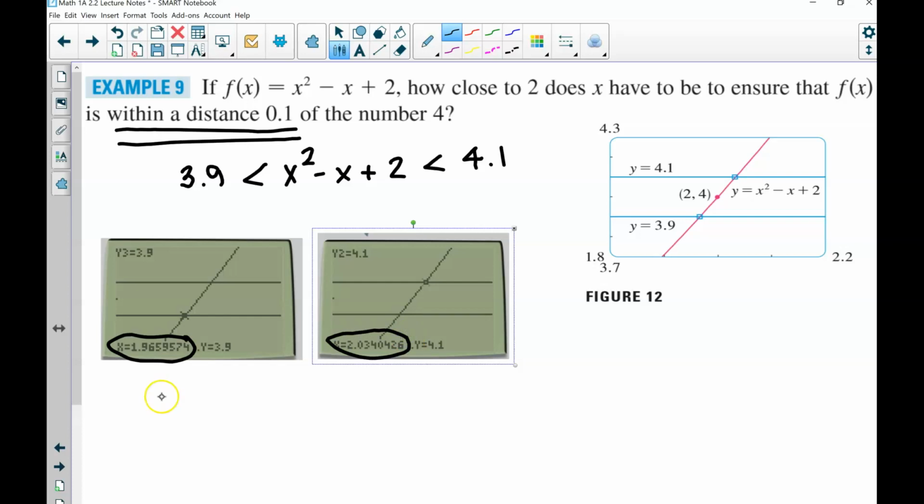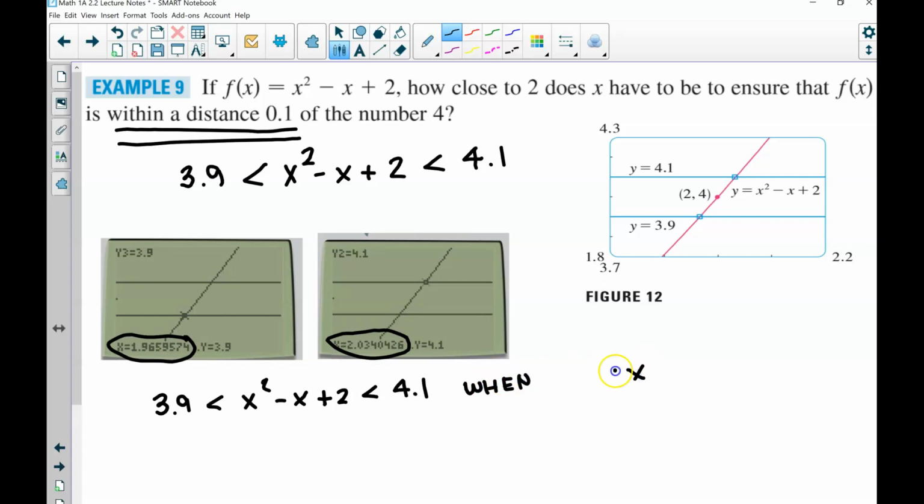So we can say that the function x squared minus x plus 2 is in between 3.9 and 4.1 when the values of x are in between what two numbers? Well, we just determined that.